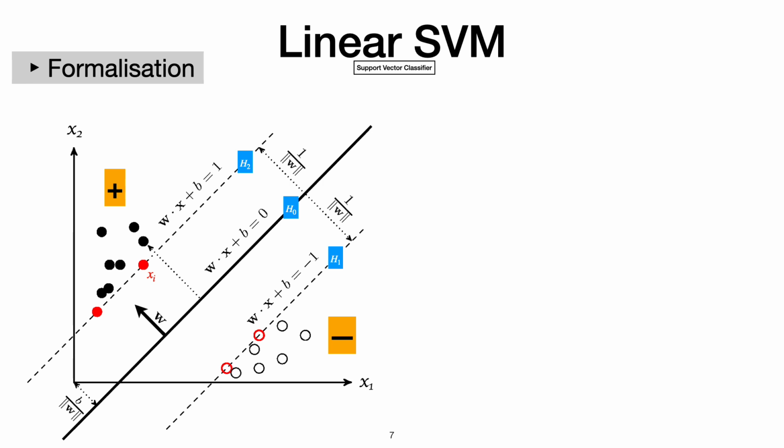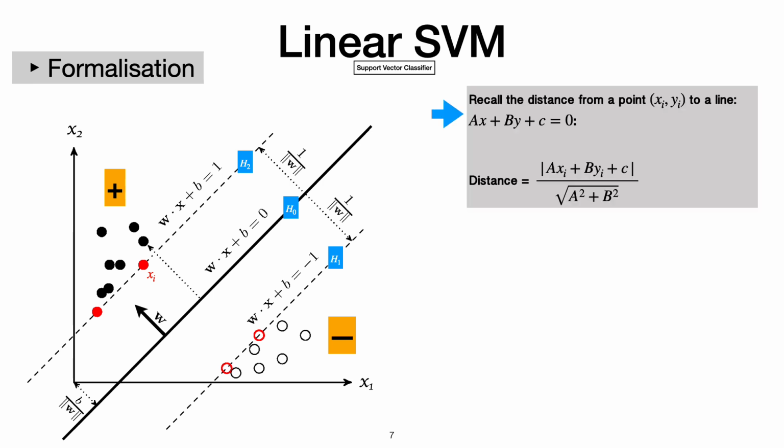And I will deem that as the margin at the positive side of the hyperplane, where the closest plus or positive points to the hyperplane lie. All I need is to calculate the distance from such points to the hyperplane. Well, I actually can do that from the point-to-line distance in Euclidean geometry, remember?